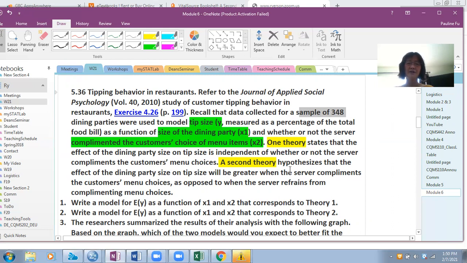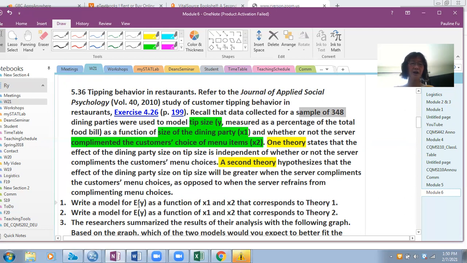Another theory hypothesizes that the effect of dining party size on tip size will be greater when the server compliments the customer's menu choice. So there are two theories, and then you have 3 questions to answer.